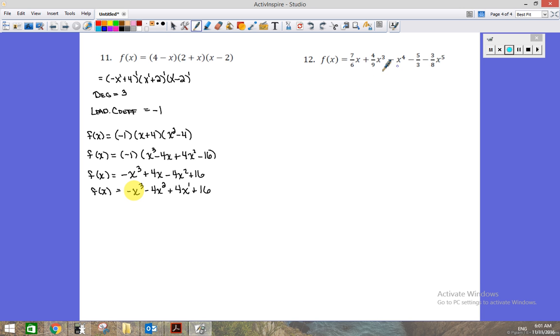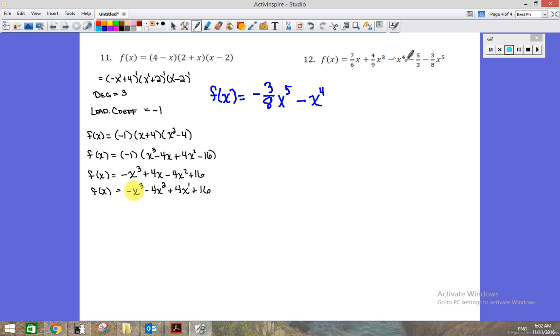This next one is written term by term, so I don't have to multiply anything out. I just have to rearrange the terms in the correct order. So I see an x to the 5th term, and that looks to be the highest exponent. Do not lose the negative sign there with the 3/8. An x to the 4th term, here it is. I have a negative x to the 4th.